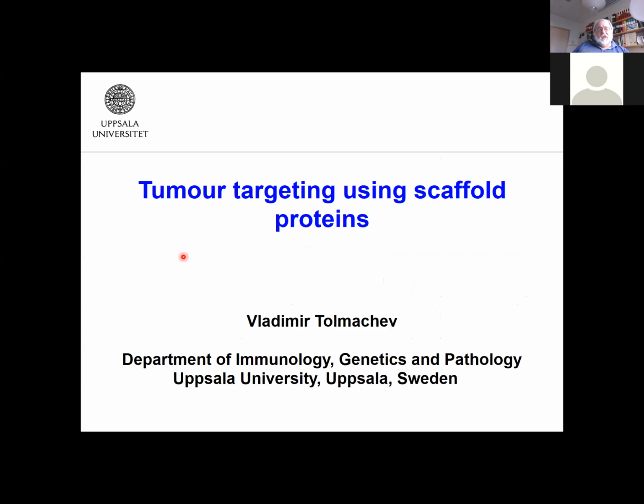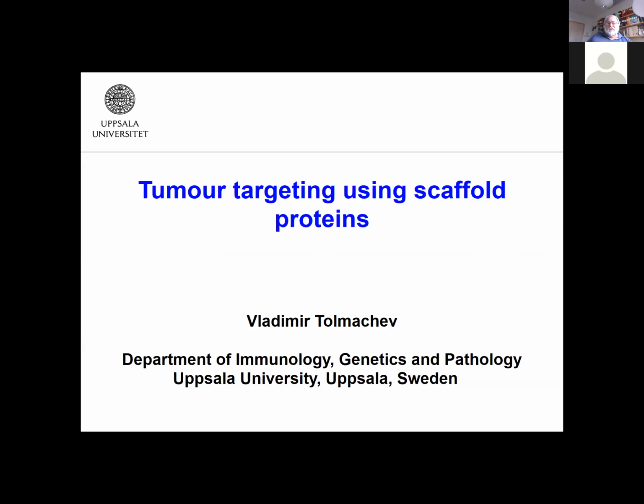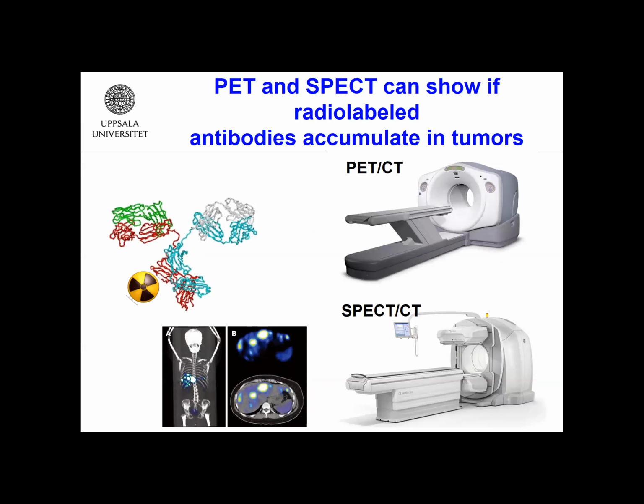So, as we discussed many times, one of the major motivations in molecular imaging in clinics is the identification of patients who express a particular molecular target in the tumor, and then they would most likely benefit from targeted therapy. And the most straightforward way is, of course, to radiolabel a therapeutic monoclonal antibody.